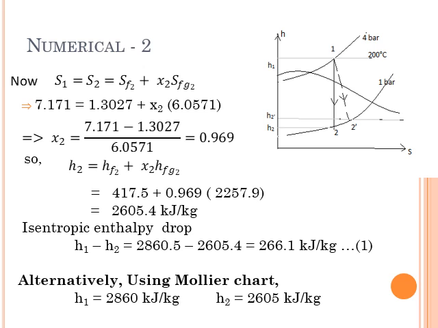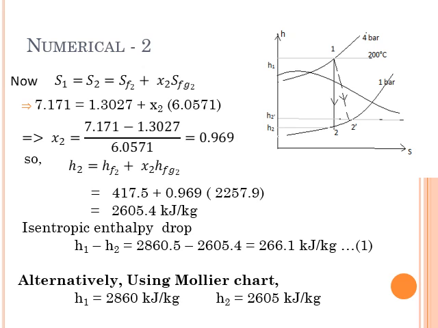So X2 is obtained as (7.171 minus 1.3027) divided by 6.057 and equal to 0.969. Having found out X2, enthalpy H2 is found out by substituting values of HF2, X2 and HFG2. It is found out to be 2605.4 kilojoules per kilogram.